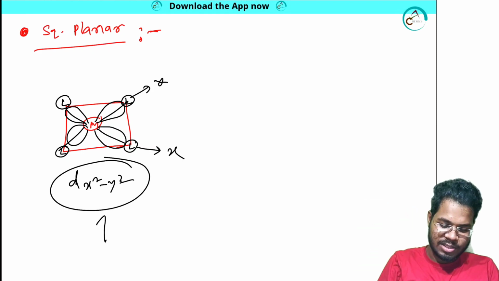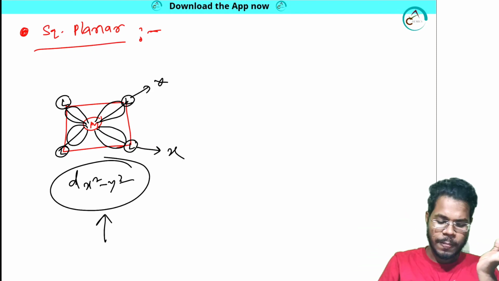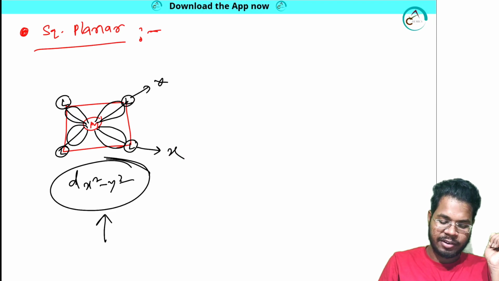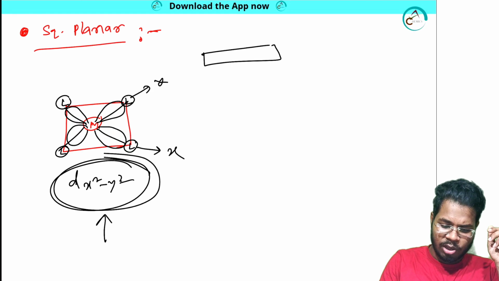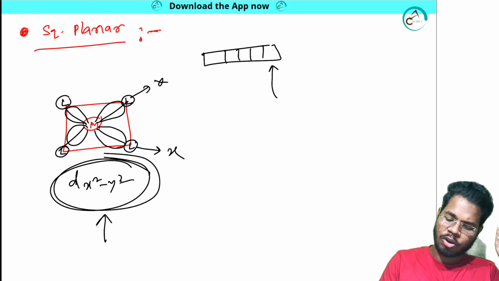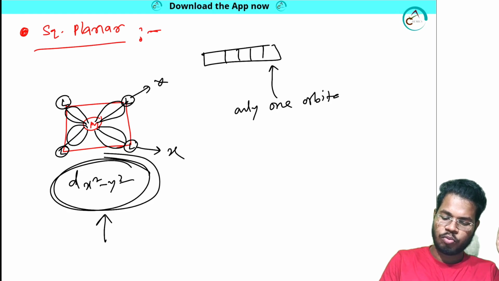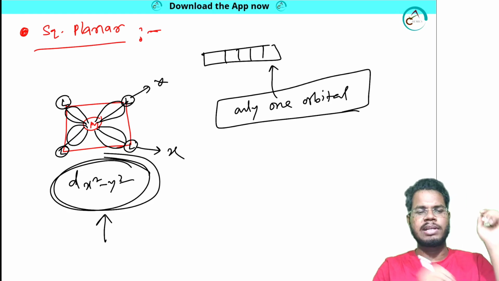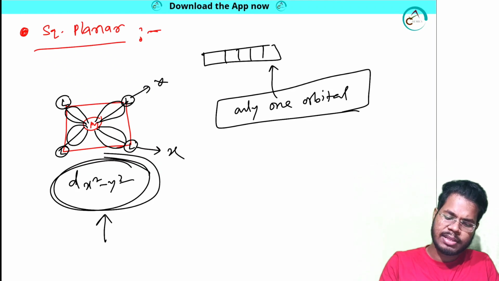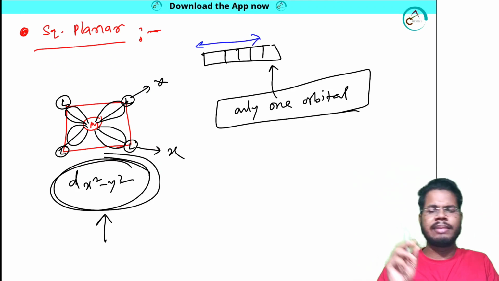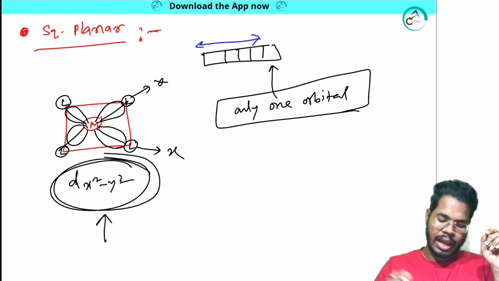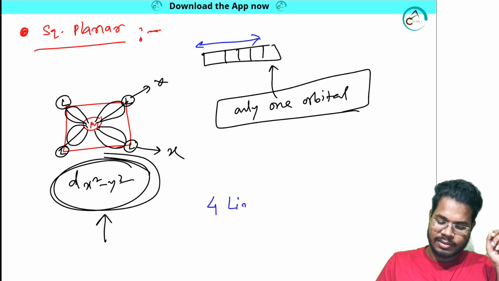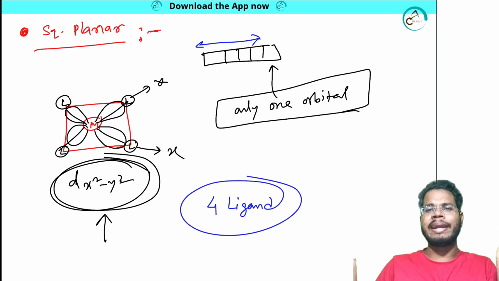So in this square planar system, the direct interaction occurs with dx2-y2. So from the d orbitals, we need only one orbital to form complexes. That means the metal can use these four orbitals. Okay, so we need only one orbital, and we need four ligands, and that means 4 into 2, 8 electrons, of course.